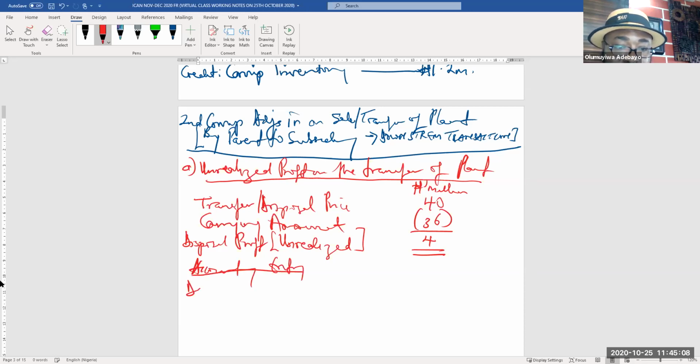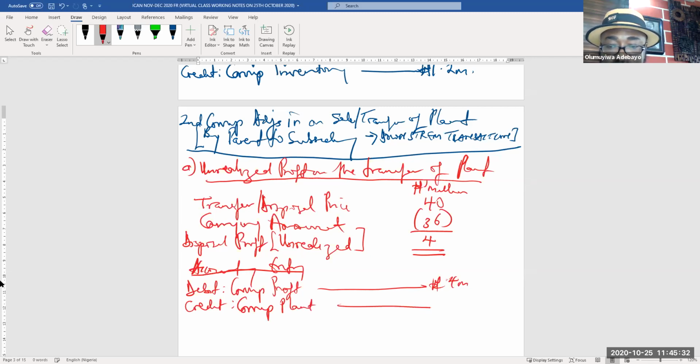Therefore, what do you do? You remove it from the profit of the parent. That's why you are debiting it. That is 4 million. And you remove it from the value of the assets of the subsidiary because it will have been overstated, similar to what we have done under inventory.